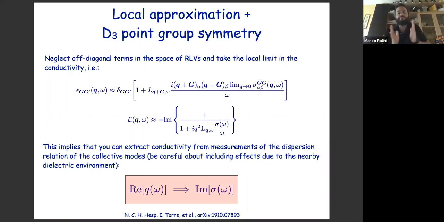So the idea is that by measuring, let's say, the real part of the plasmon wave vector, which we know is very reliably extracted from the experiments in the way I was showing you, you can actually access the imaginary part of the conductivity.